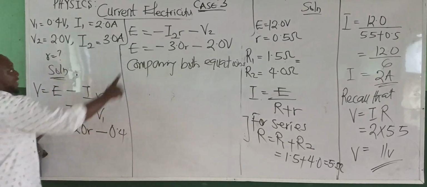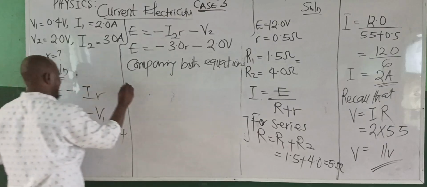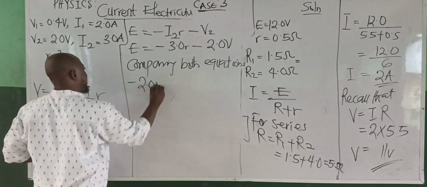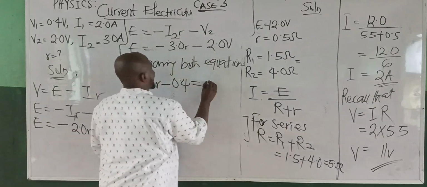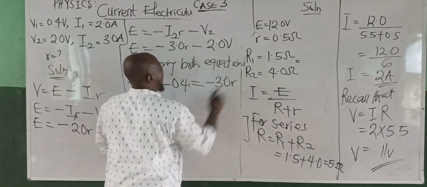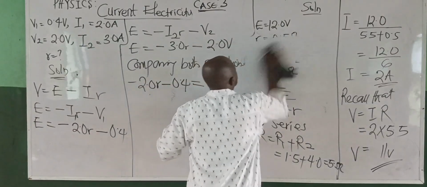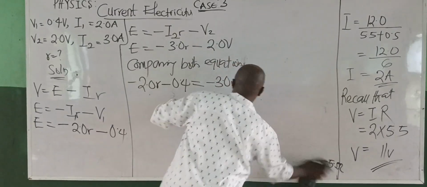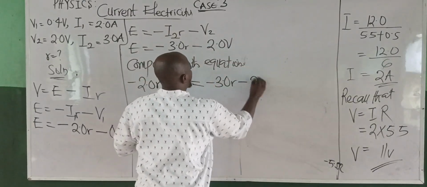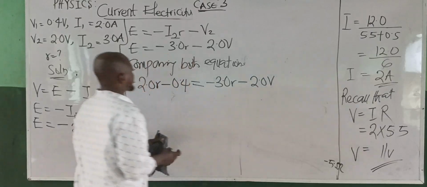So we said all of this one is equal to this one. So I'll pick the first equation here, which is minus 2.0 R, then minus 0.4 here, will give us equals to the next thing here, minus 3.0 R here, then minus 2.0.